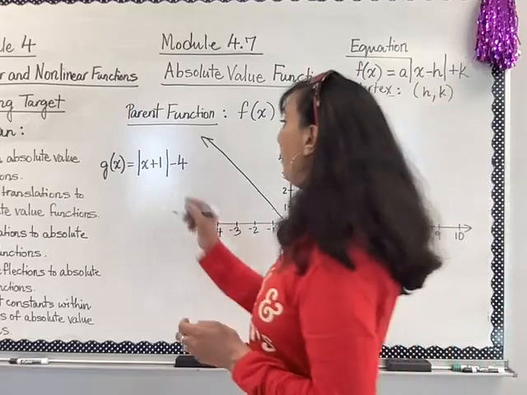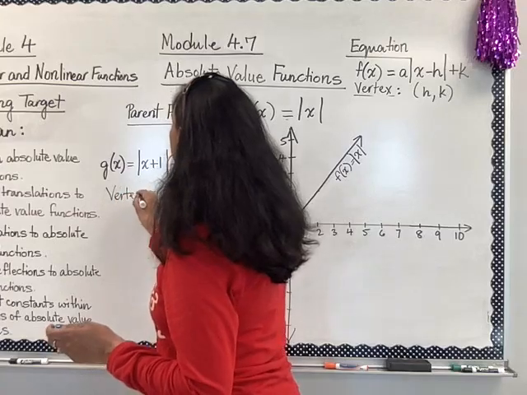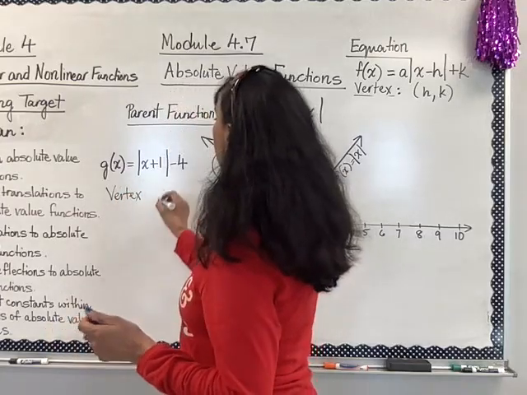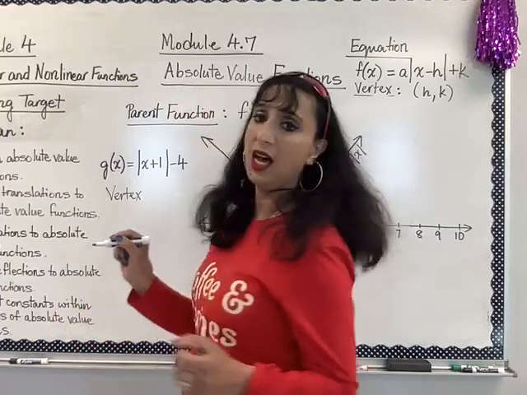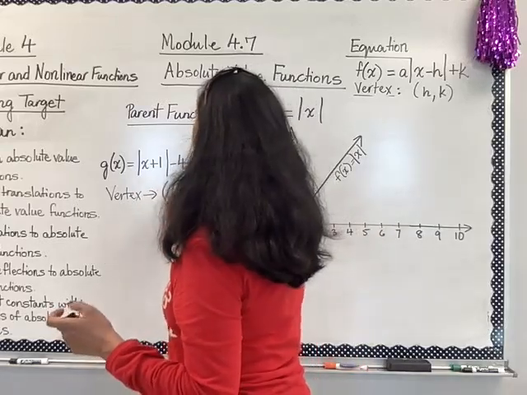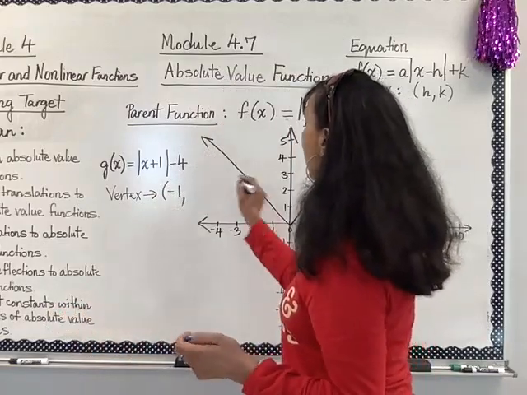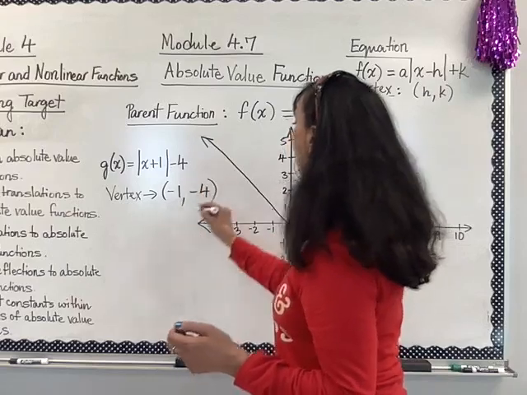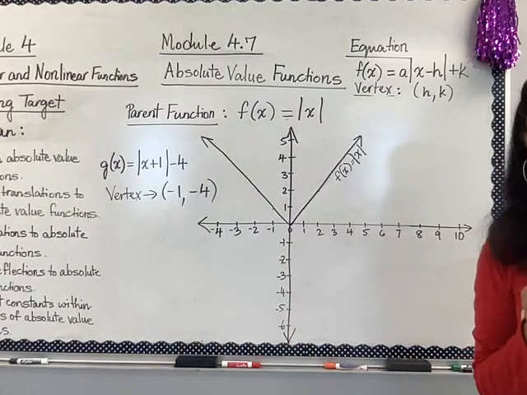So when I'm looking at this, please remember my vertex is going to be opposite of what is a 1, because you're going in the other direction. So my vertex is going to be negative 1, and then I have negative 4, which is my y, and that's where I am going to be plotting this.